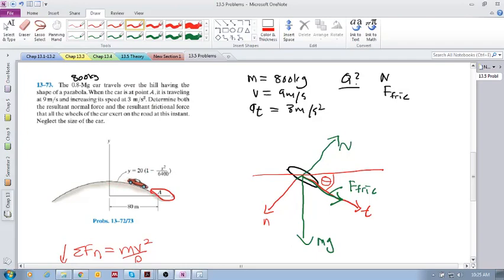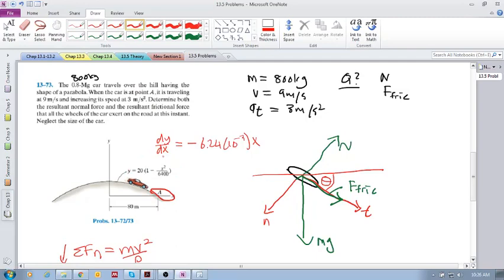We've got this function, so what we can do is find dy/dx. If you carry this out, dy/dx is equal to minus 6.24 × 10^-3 x.